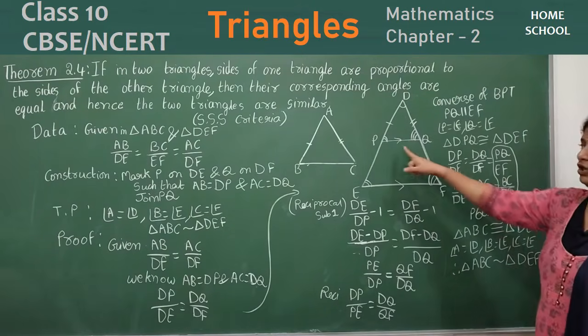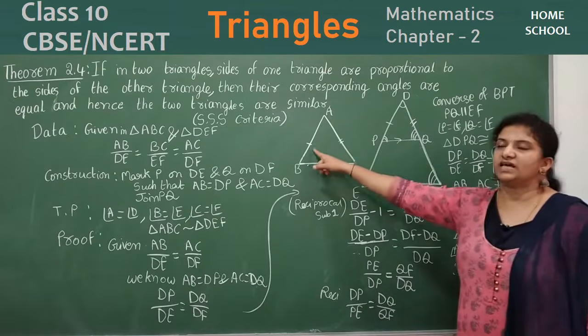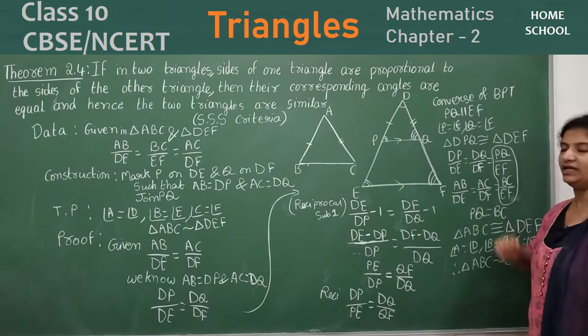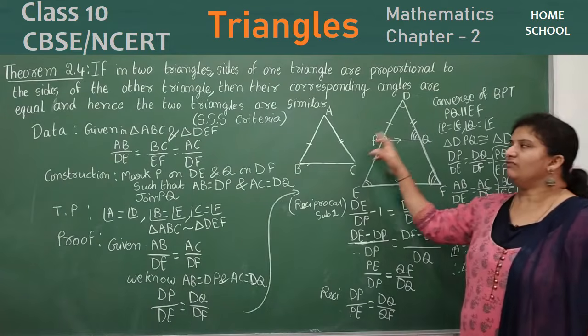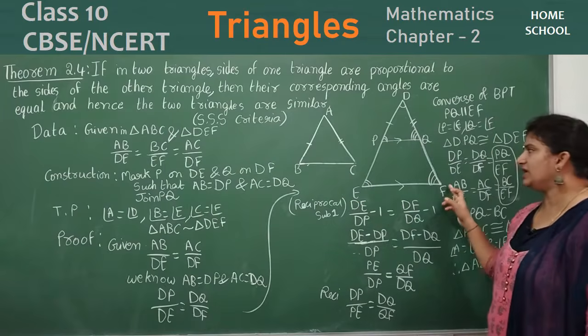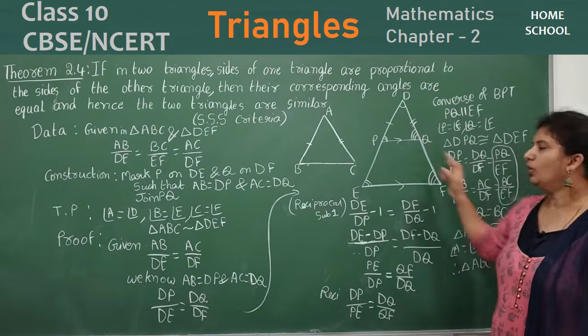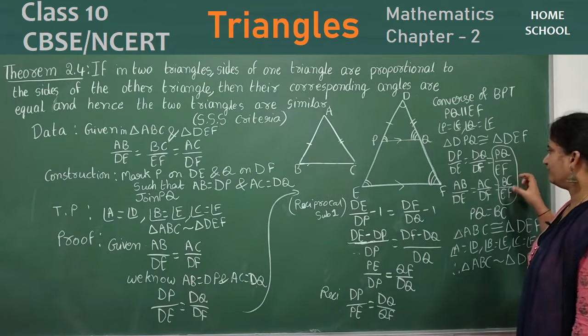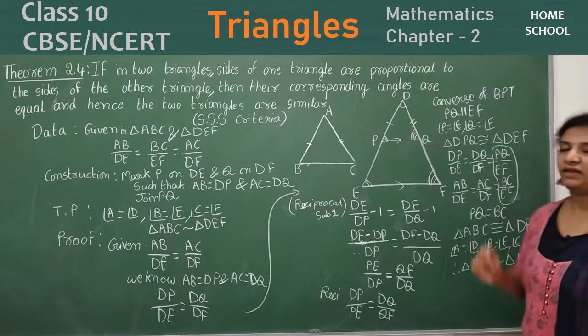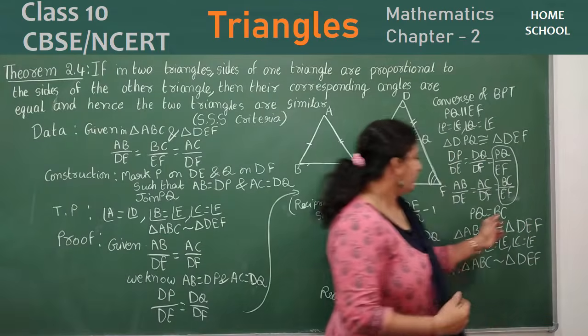Instead of PQ, other two sides we have equated here, AB by DE and AC by DF. When we compare, automatically this ratio BC by EF is also equal to PQ by EF. On comparing these two ratios, we get PQ is equal to BC.